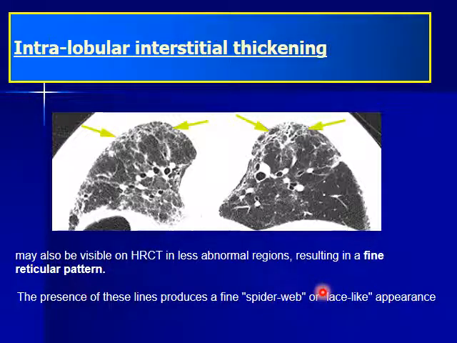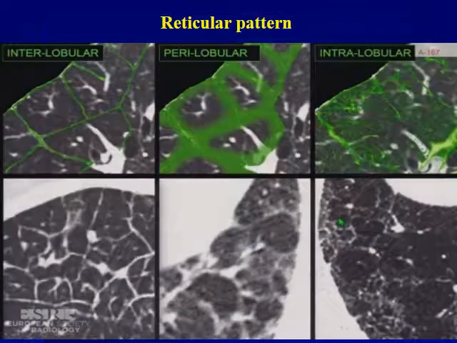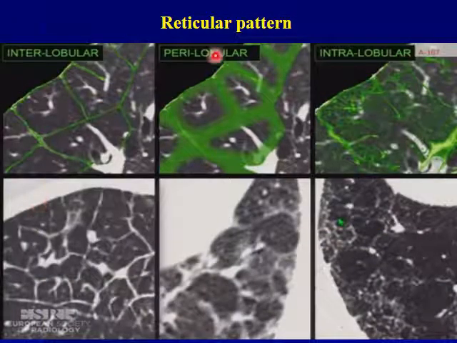Bizarre shape, very thin lines that you cannot tell whether it is interlobular septal or perilobular thickening. It is more or less bizarre shape, and it is one of the signs of lung fibrosis similar to honeycombing and traction bronchiectasis.